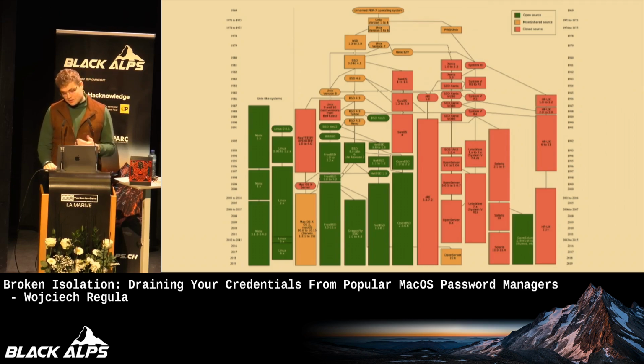Mach is responsible for things like processor scheduling, multitasking, virtual memory management, interprocess communication, and Mach traps. While BSD is responsible for process management, signal handling, user and group management, syscalls, the TCP/IP stack, and sockets.